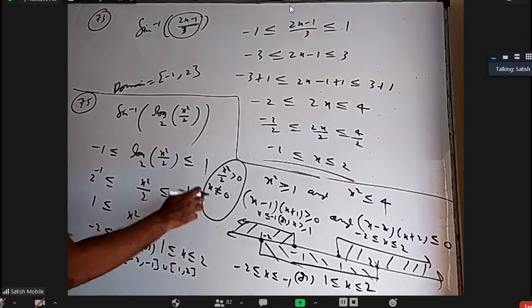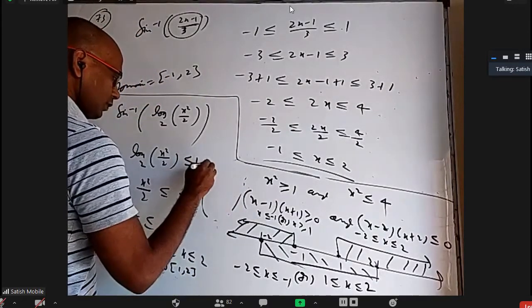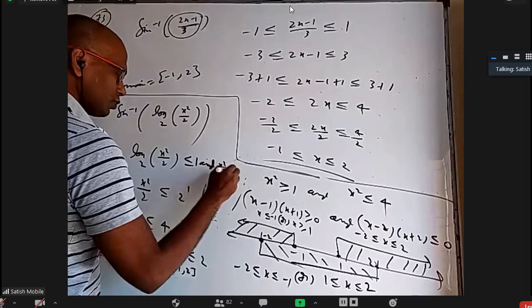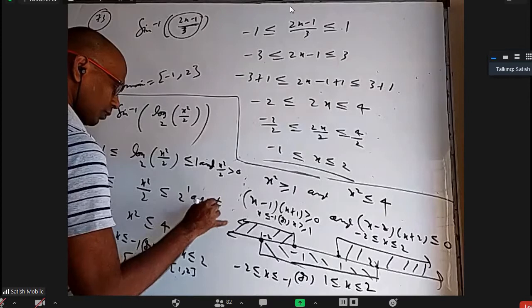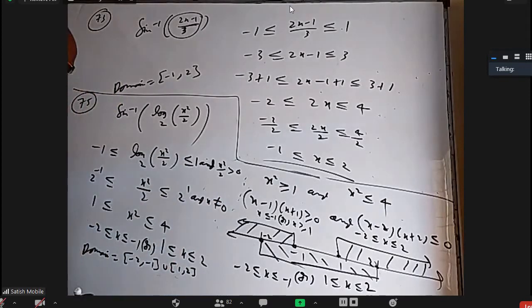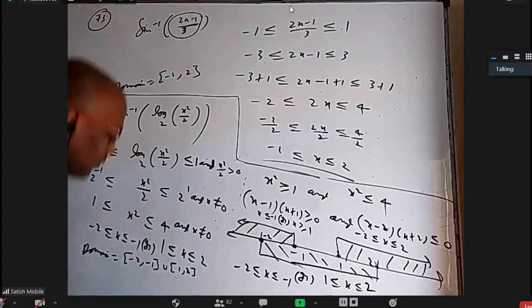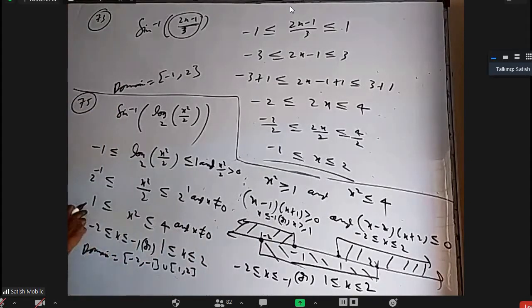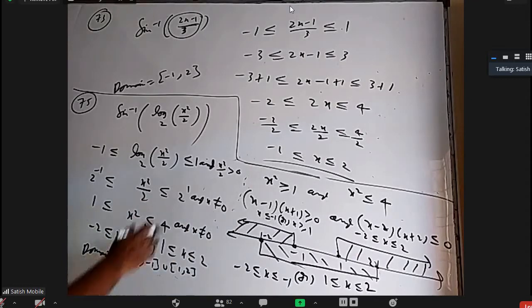But that is also important to write. So I should write here: x square by 2 should be greater than 0, and x should not be 0. But anyway, when x is 0, it cannot be between 1 and 4. So in the solution, this cannot come. So nothing to worry about it, but we should have written it.